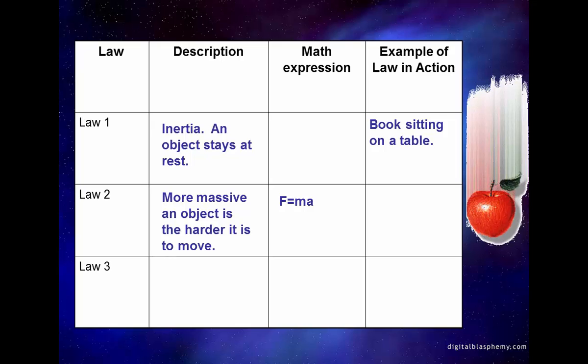FEMA is the Federal Emergency Management Agency. An example: it takes a lot of force to push a heavy wheelbarrow versus an empty wheelbarrow. Why? The more massive an object is, the harder it is to move. Adding that one word completely changes it.